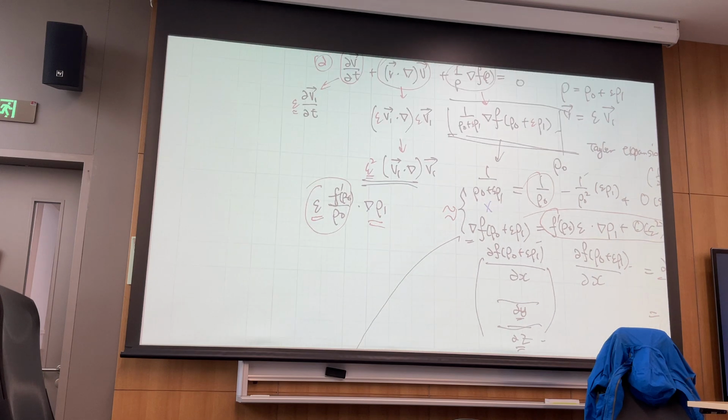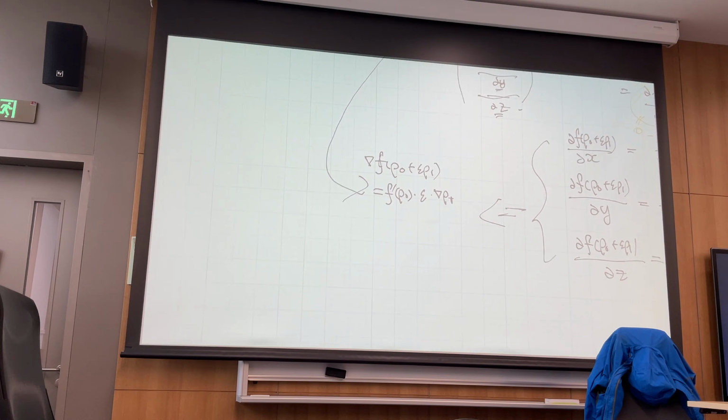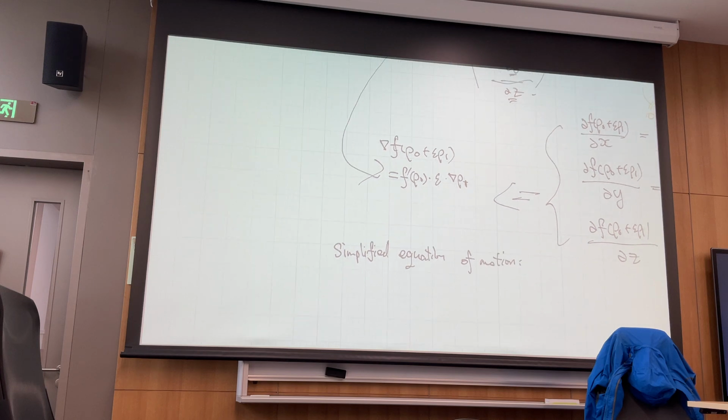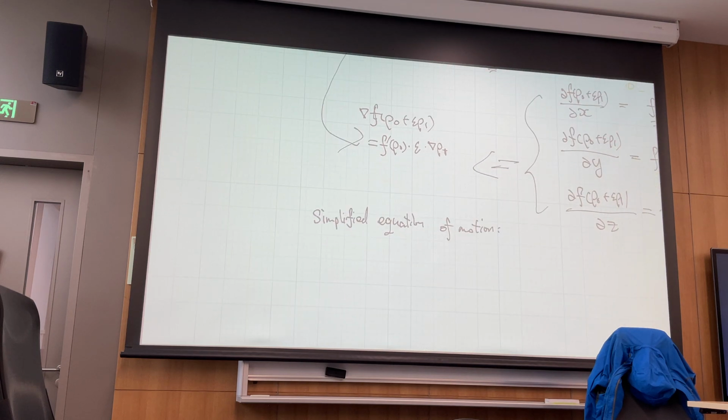Therefore, finally, my simplified equation of motion becomes the following. It becomes partial v1 partial t, epsilon, and then plus f prime rho 0 over rho 0, and then the gradient, nabla, rho 1 equals 0.